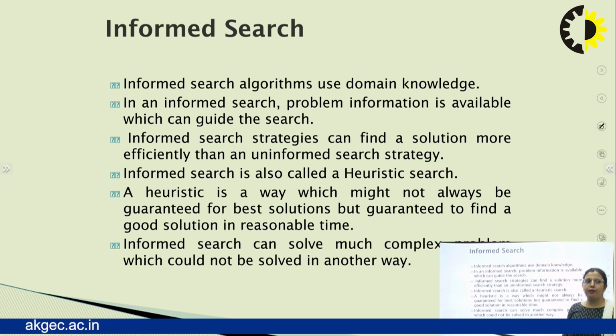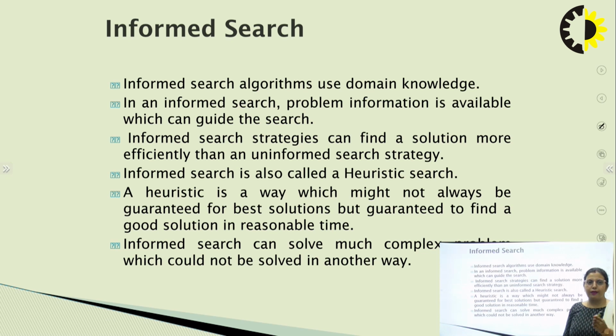Informed search techniques can find a solution more efficiently than uninformed, because in uninformed search we don't have any domain knowledge, and in informed search we have knowledge, so we can find a solution earlier and in an efficient manner.